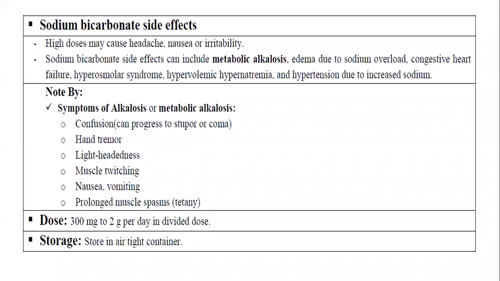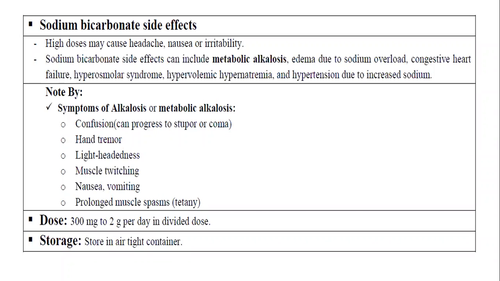Of course we all know one side effect. What is it? The main side effect is metabolic alkalosis. That is, because it is a systemic antacid, it enters into the blood circulation. Since it enters into the blood circulation, it will alter the pH of the blood. That is, it will increase the pH of the blood.